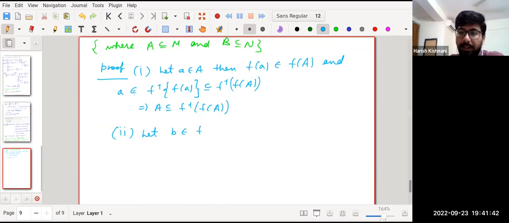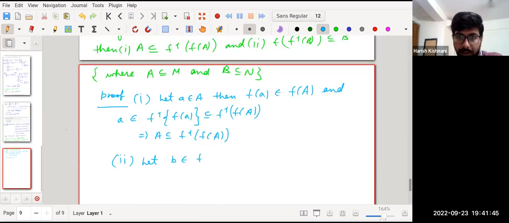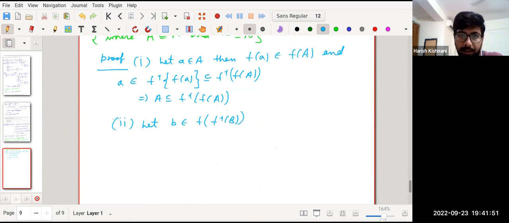Okay, so it's like that. So b is inside f inverse of b. What does this mean? This will imply that b is of the form f inverse of d, for some d in b.